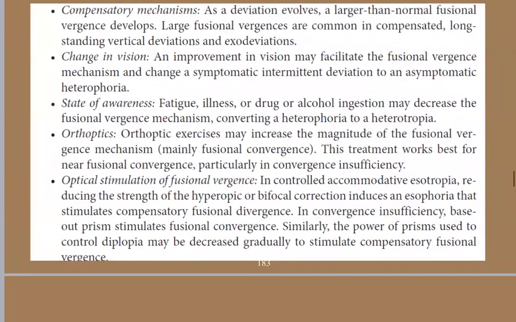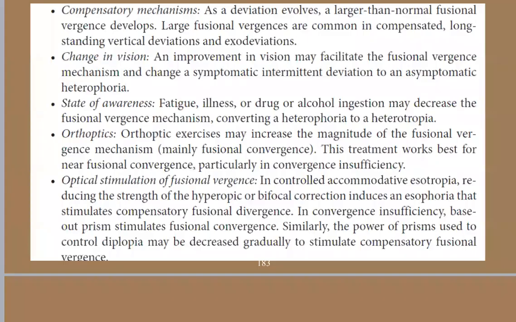If the patient is fatigued at the end of the day, for example, this will result in a decrease in the fusional vergences, and this will make the phoria manifest. The latent strabismus may become manifest at the end of the day after fatigue or illness and so on. Also, the state of awareness, something like that of fatigue and illness.